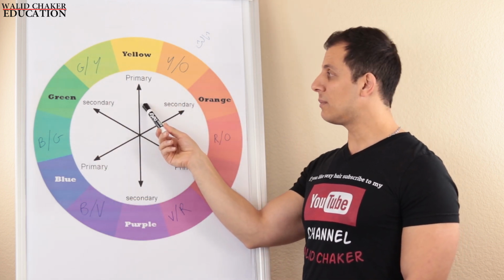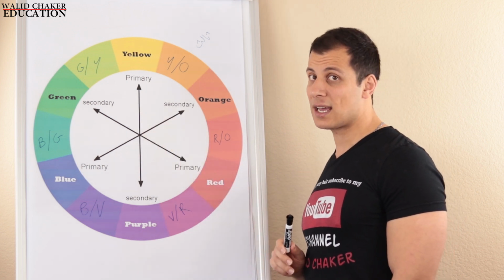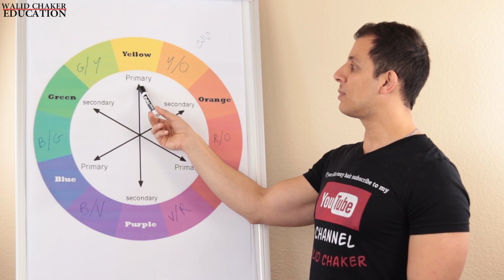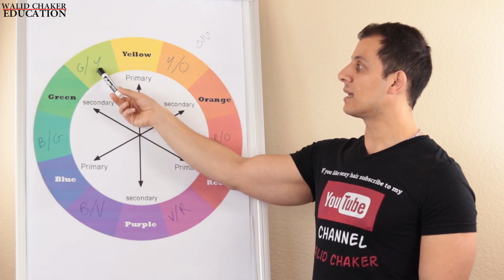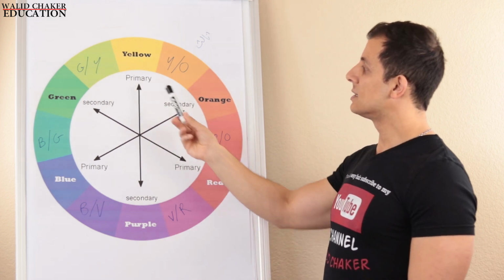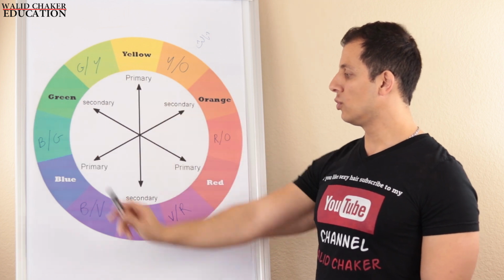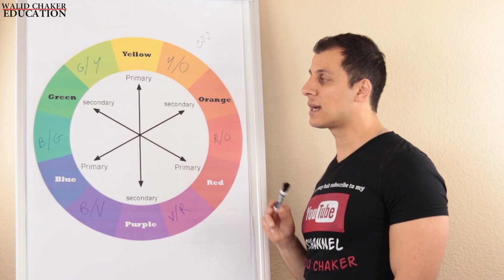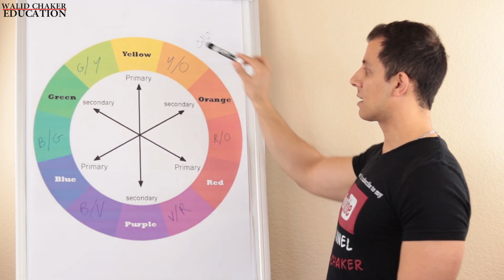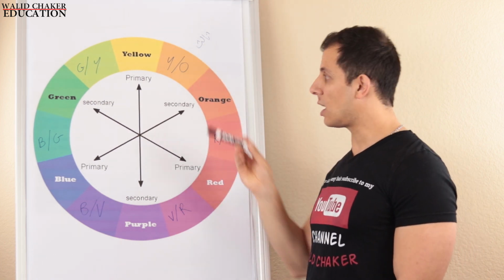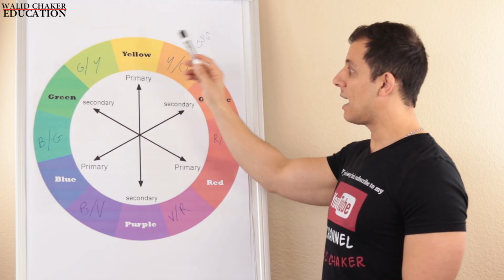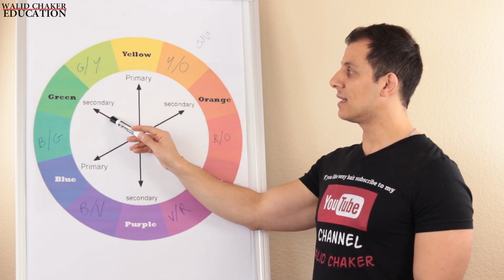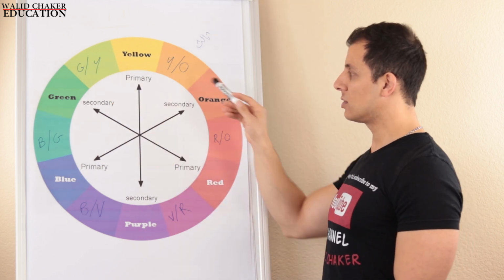The 3 primary colors are going to give me 3 secondaries. This is 6 colors, and every primary color with a secondary color is going to give me 1 tertiary color. So I have 1, 2, 3, 4, 5, 6. So how many colors do I have here on the color chart or color wheel? I have 12 colors: 3 primary, 3 secondary, and 6 tertiary colors.